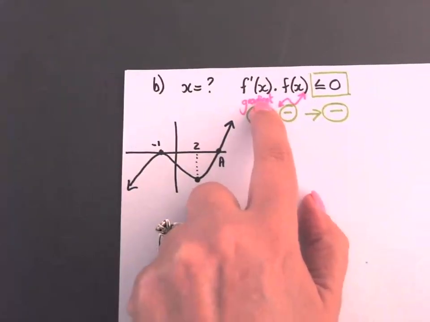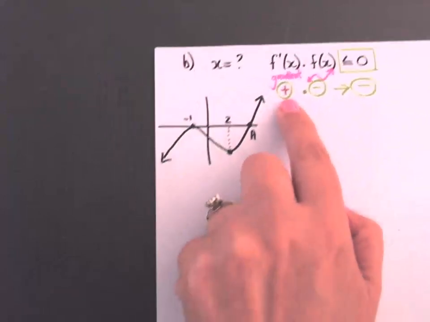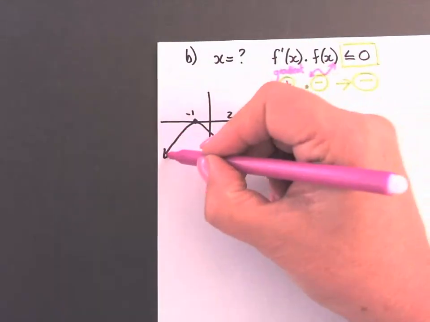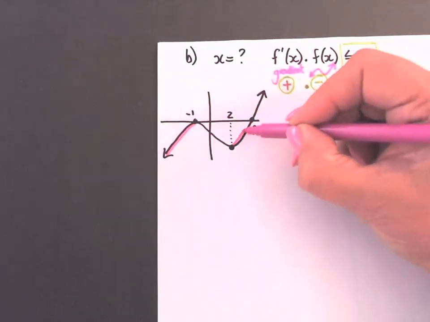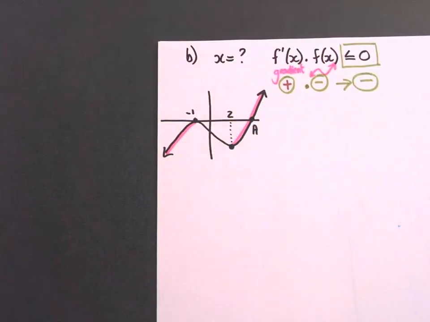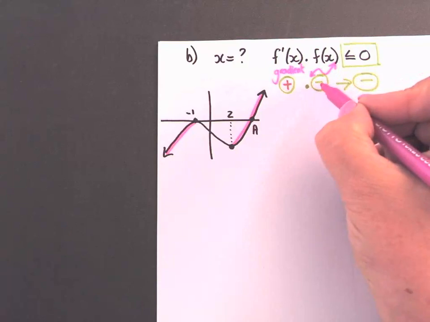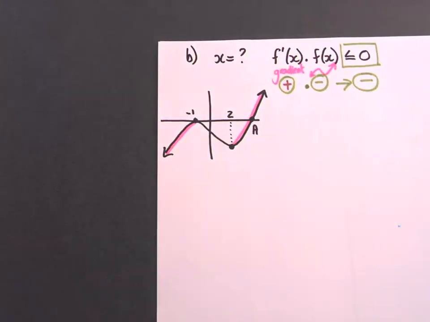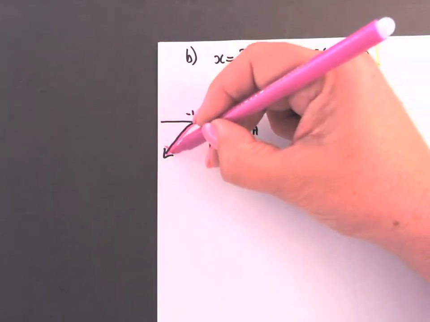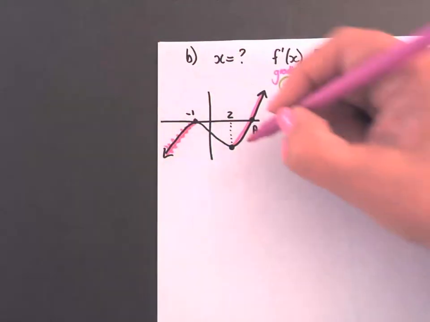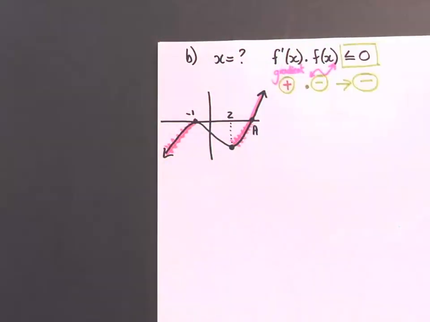Where is the gradient positive? It's here and here. Where on that part do I have a negative f? Under the x-axis. So it's those x's and these x's. Only them.